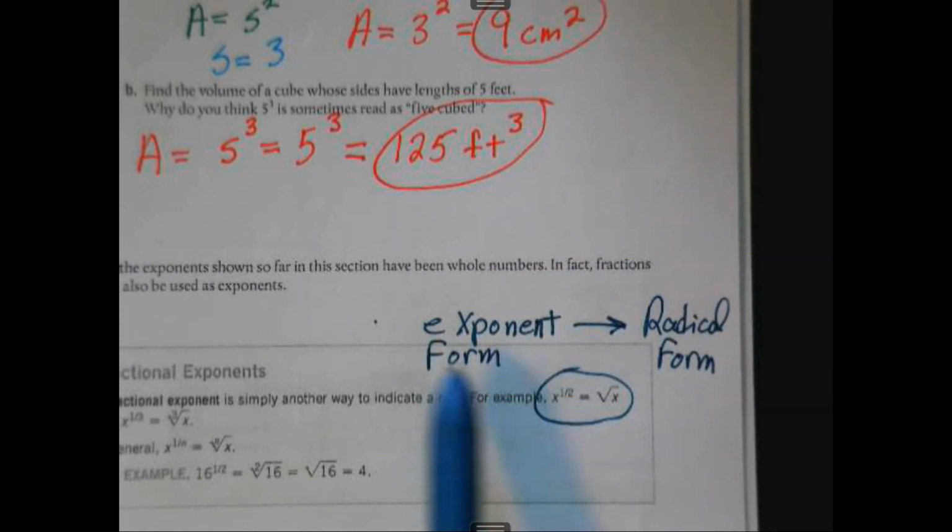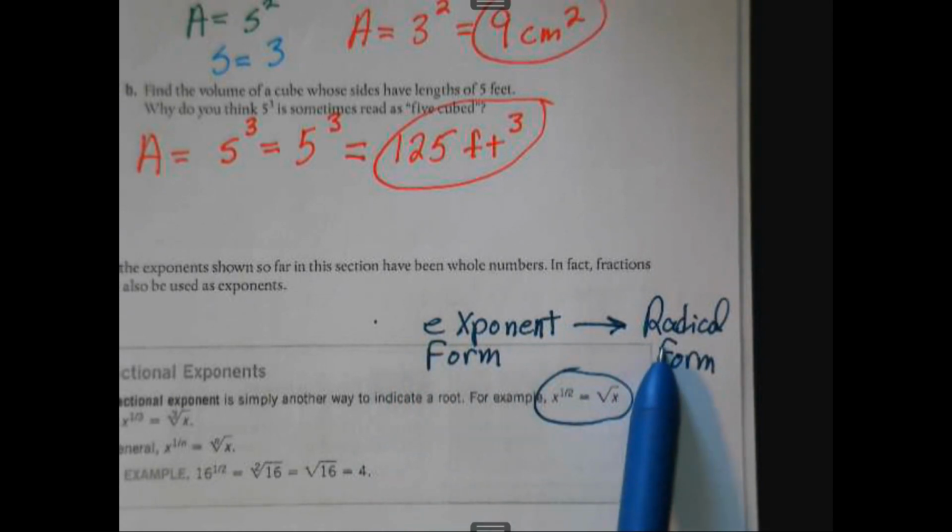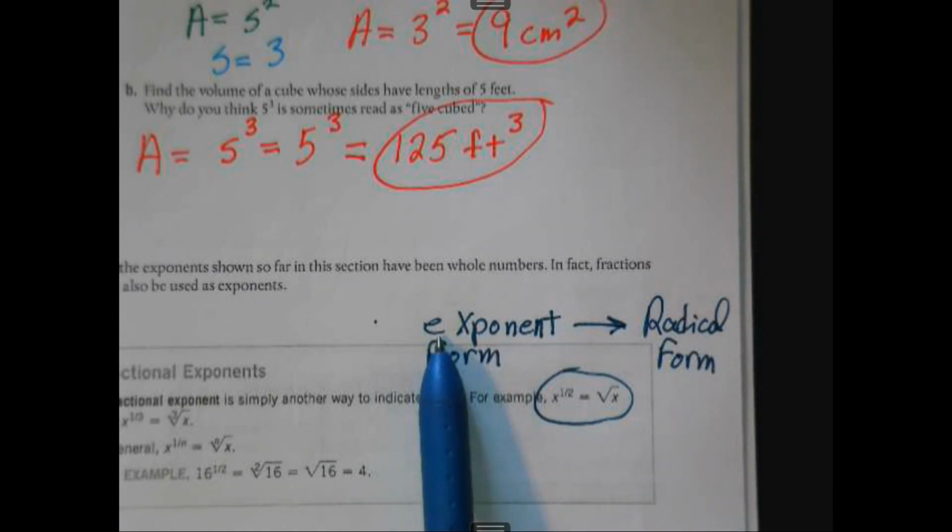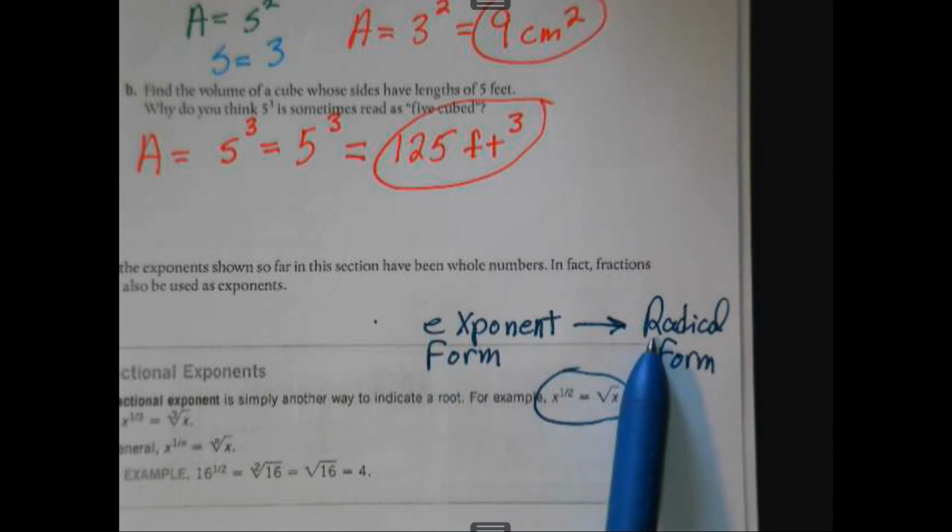And you should have learned that these, just like addition and subtraction, multiplication, division, the radical form undoes the exponent form. So these undo each other.